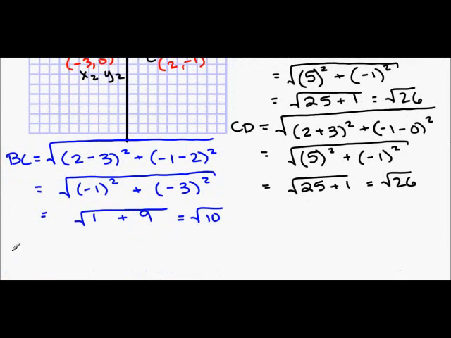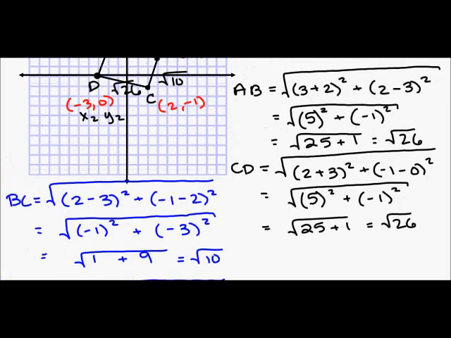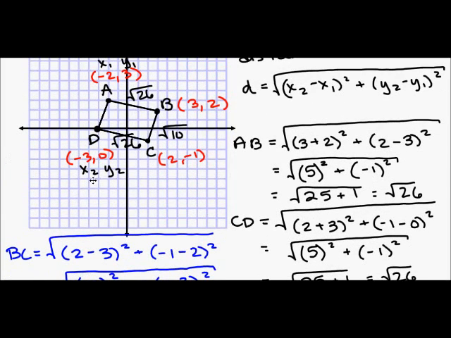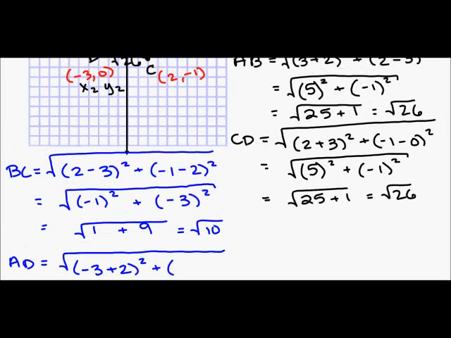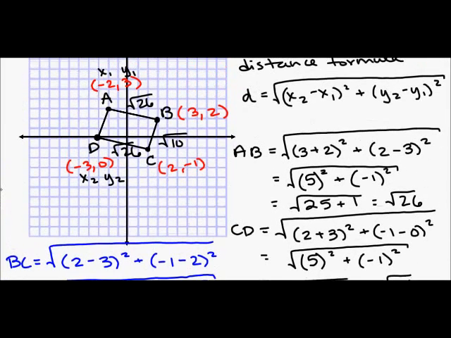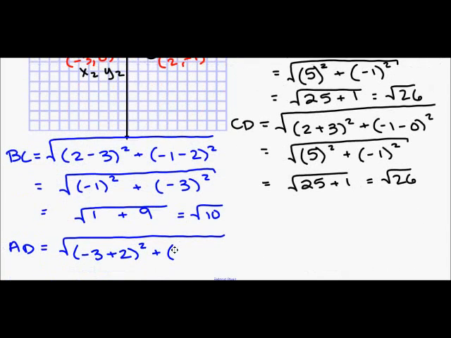So AD. Square root of, let's see what x2 is. Negative 3. And x1 is negative 2. So we have negative 3 minus negative 2 is plus positive 2 squared, plus my y2 is a 0, y1 is 3, so 0 minus 3 squared.